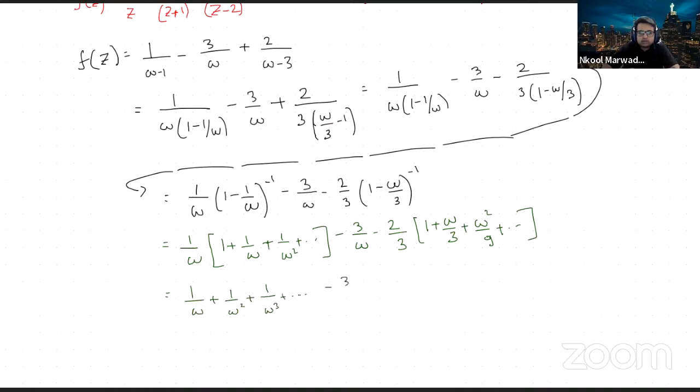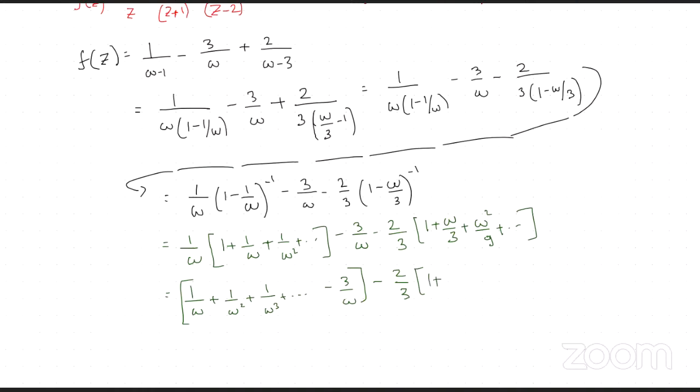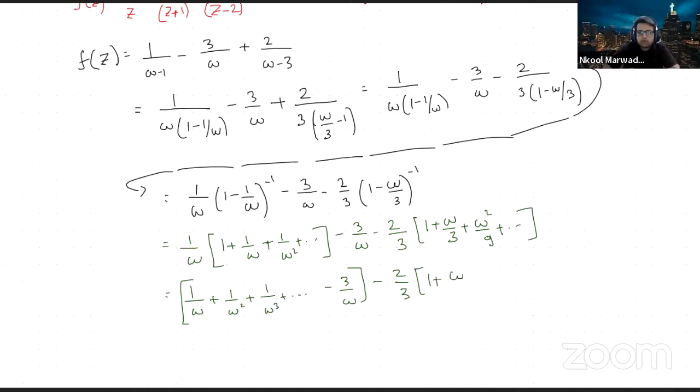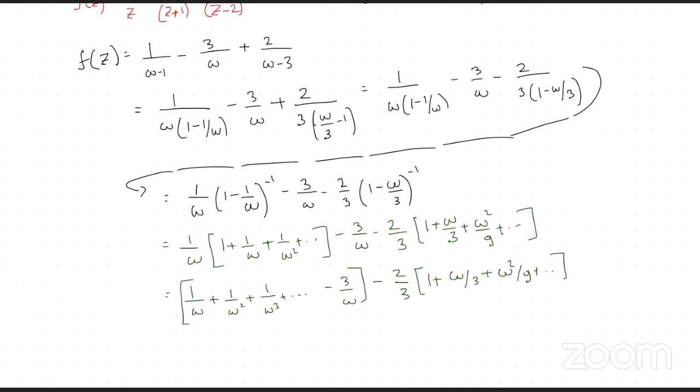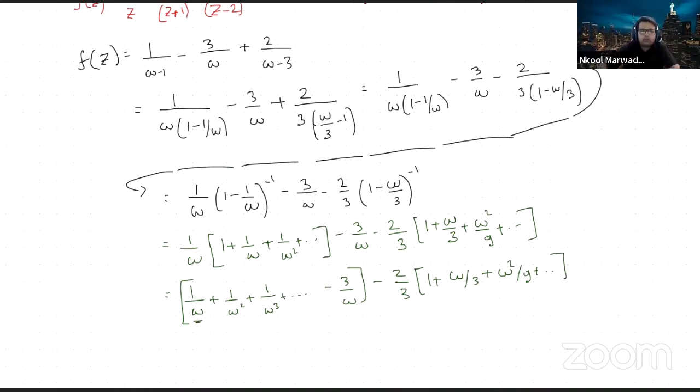Minus 2 by 3 will be as it is. Now we can simplify: 1 by omega minus 3 by omega we can do, and this term and this term we can work out.